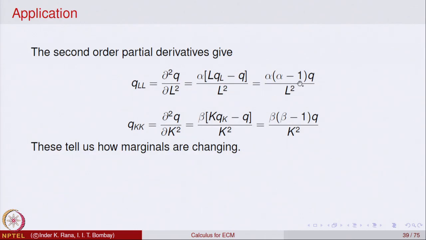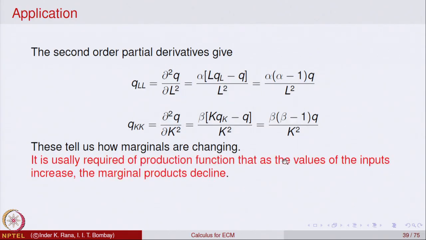Normally in a production function, we require that as the values of inputs increase, the marginal should decline. So, that is a normal guiding principle for economic models.